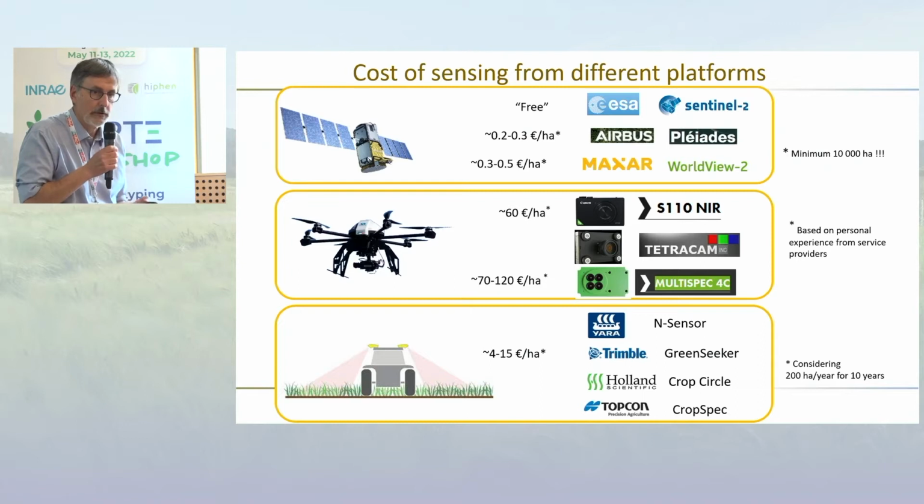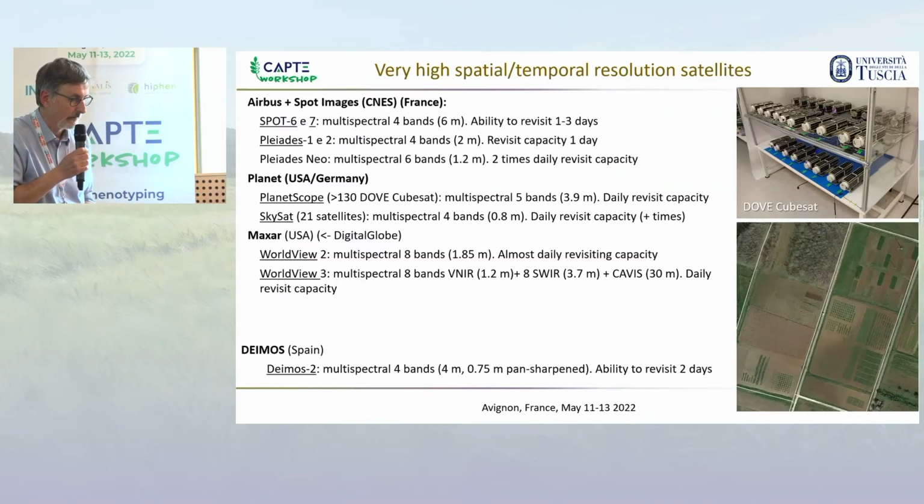You see the cost is quite high. I mean, this was based on the cost of actual service provider companies coming and taking pictures, so maybe it's going down. Maybe the farmers are getting their own drones and so on. So it's probably going down very fast.